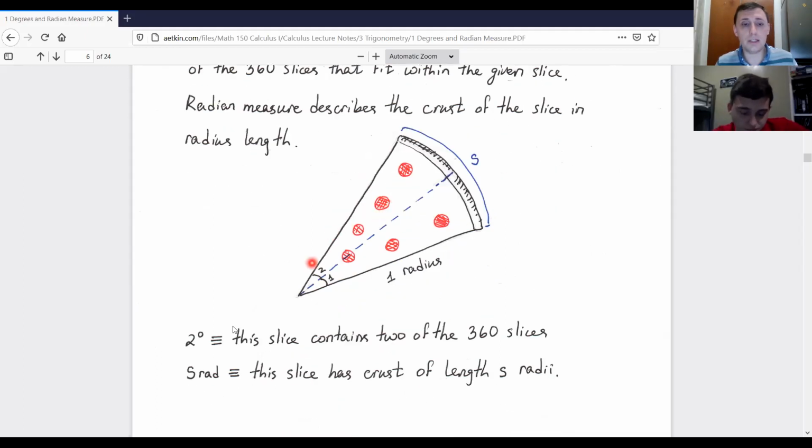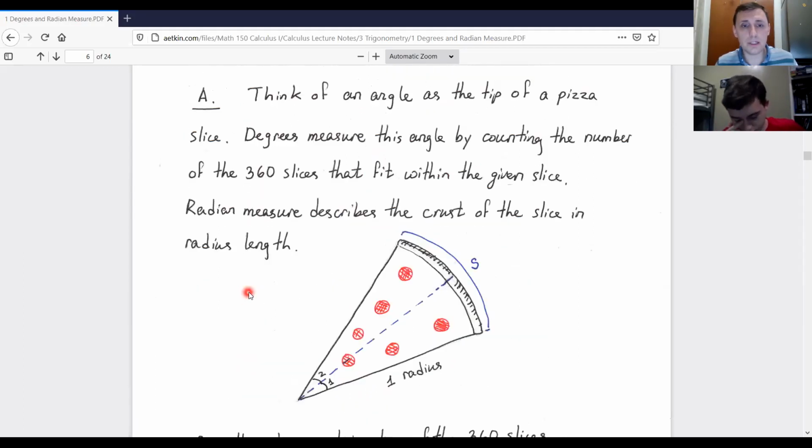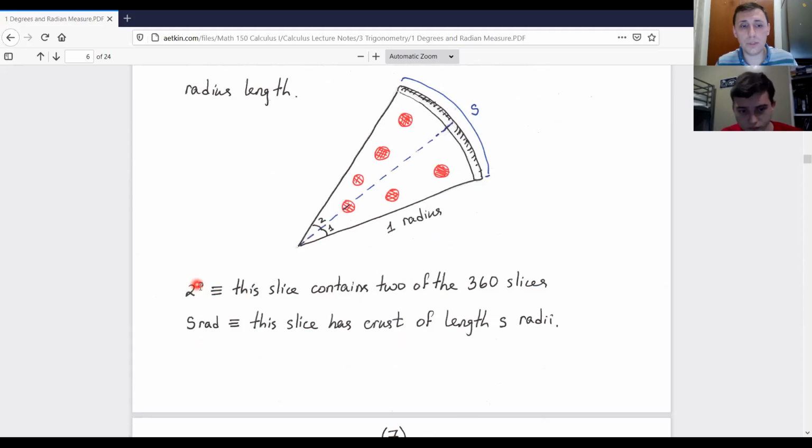So in this situation, you see that 2 degrees is the slice containing 2 of the Babylonian slices, and S radians means the crust for the combined Babylonian slices.